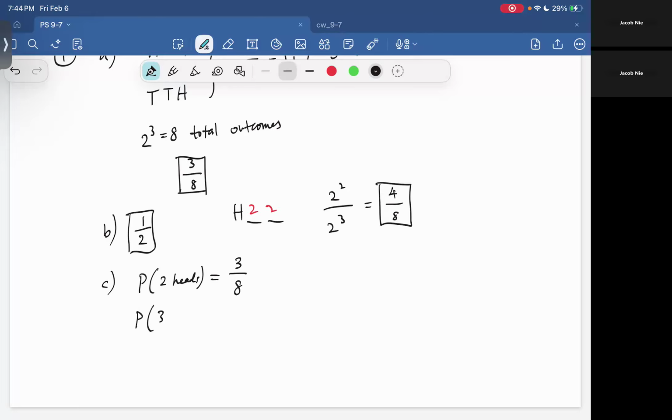And then the probability of 3 heads will be 1/8. And so the total for at least 2 heads will be half.